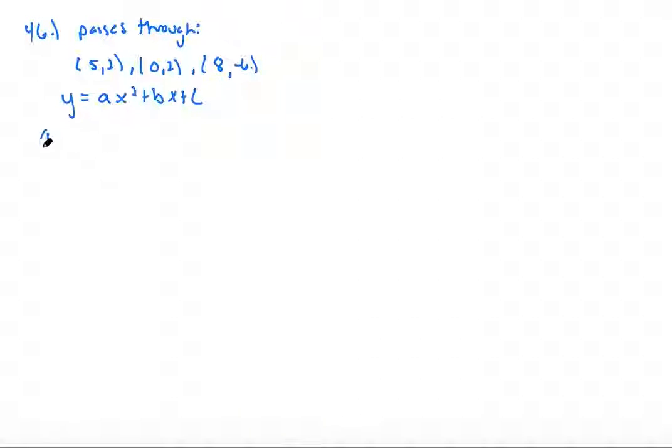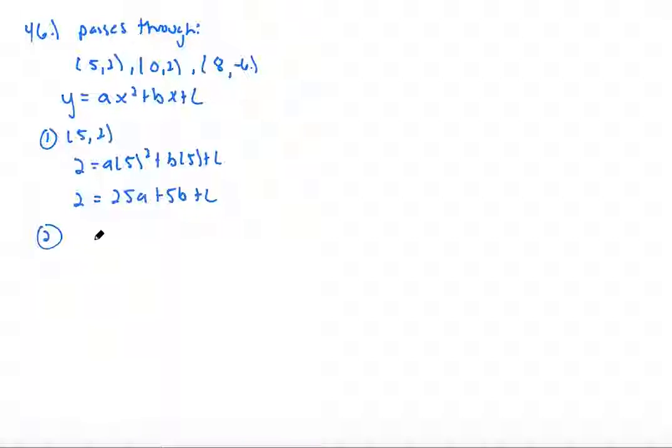So point number 1 they give us is (5, 2). I substitute that in. So we have 2 equals a times 5 squared plus b times 5 plus c. Simplifying, we have 2 equals 25a plus 5b plus c. Point number 2, they give us the point (0, 2). So we substitute that in.